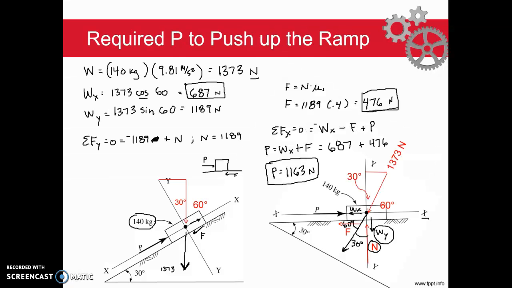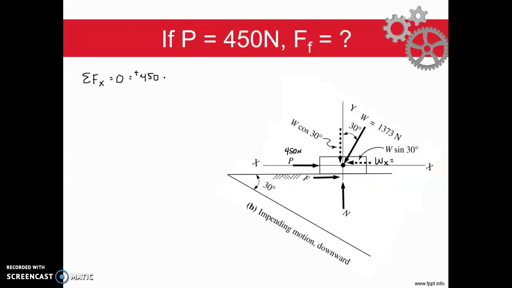Way back here in part A of this example problem, we found that the x component of the weight, the component parallel to the surface of the ramp, is 687 newtons. And that's going downhill. 687 newtons is going to the left. And then the third force in this x direction is the friction force.